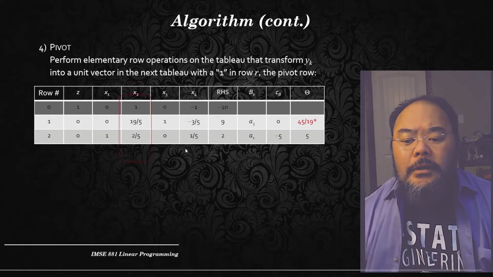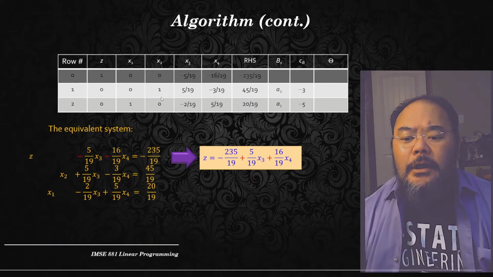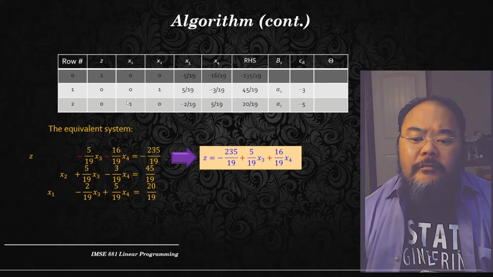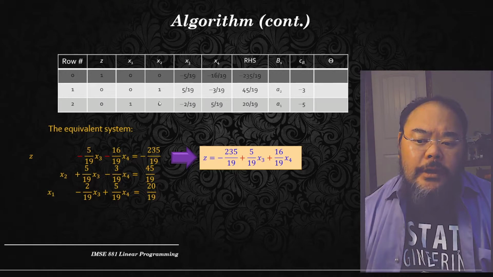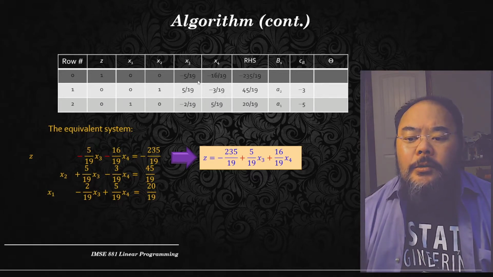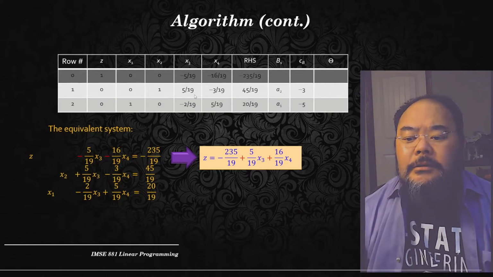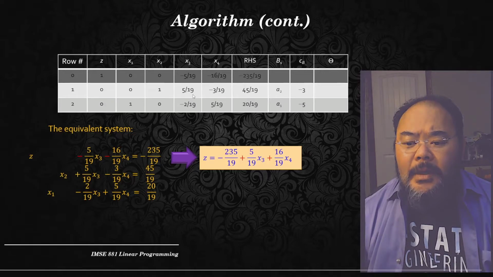The yj column, same thing here. For the basic variable, their yj column equals an identity column. However, for the non-basic variable, they are not identity columns, and so on.